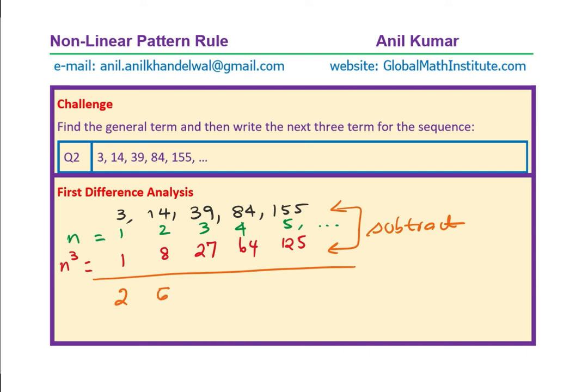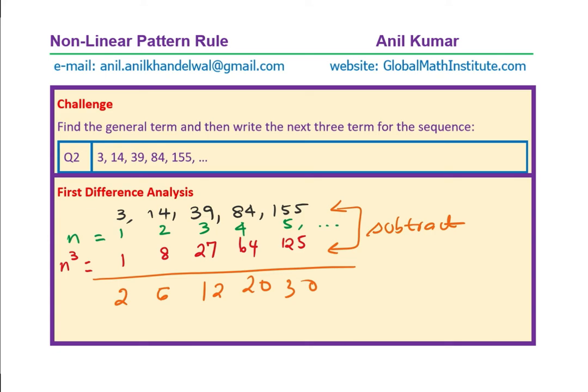And 39 take away 27 is 12. 84 take away 64 is 20. And here we get 30. We get the sequence 2, 6, 12, 20, 30, which we saw last time also. You get the idea?